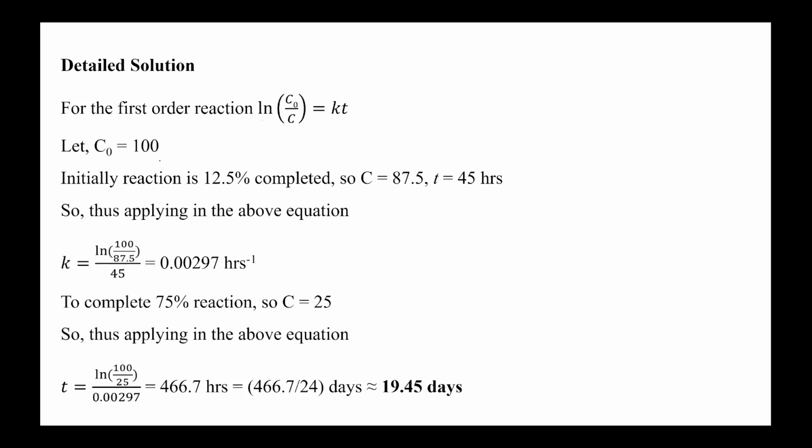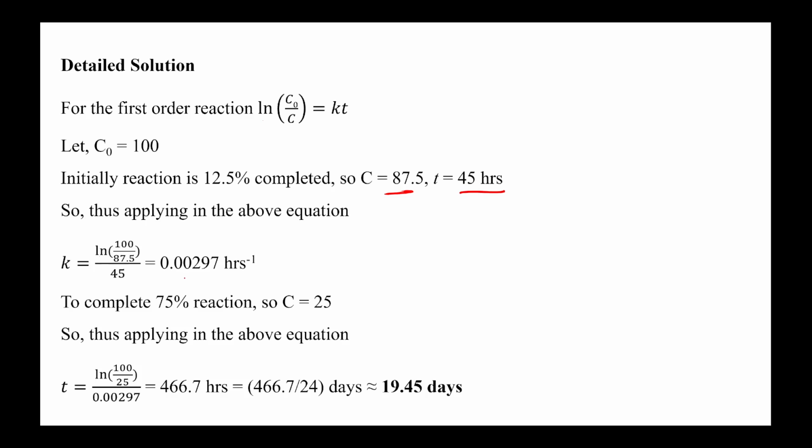If C0 is 100, when 12.5% of the reaction is completed, C will be 100 minus 12.5, that is 87.5. Okay, and T is 45 hours. So you have log of 100 divided by 87.5, the whole thing divided by 45.